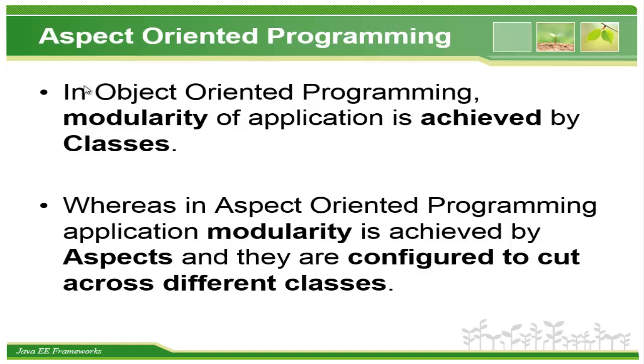One problem with object-oriented programming is that it somehow cannot avoid this cross-cutting concern coming into the picture. So, in aspect-oriented programming, we have an object, but the cross-cutting concerns are pulled out, and you are left with only that object.